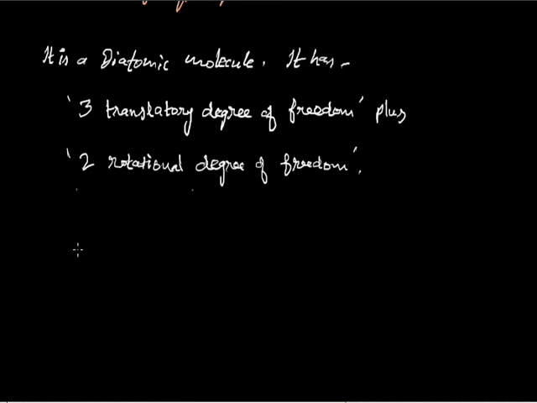Why does it have two rotational degrees of freedom? The oxygen molecule is such that it can rotate on its own axis in two different directions.